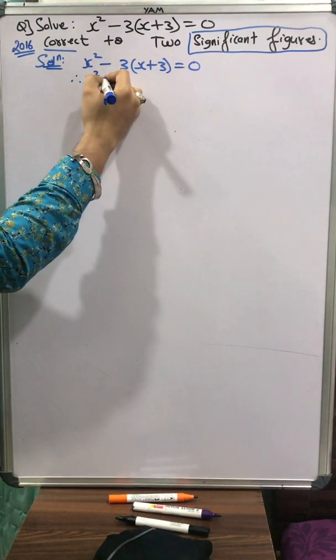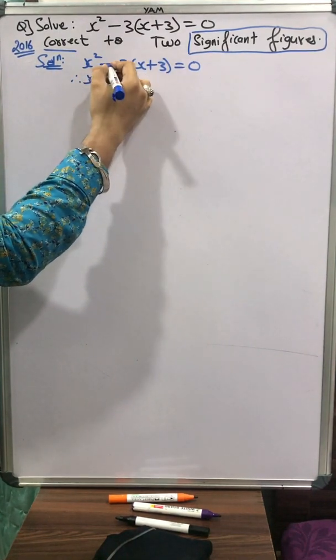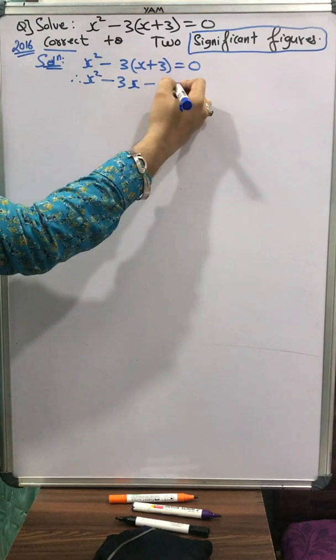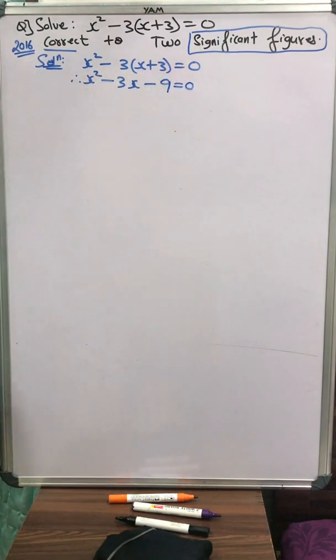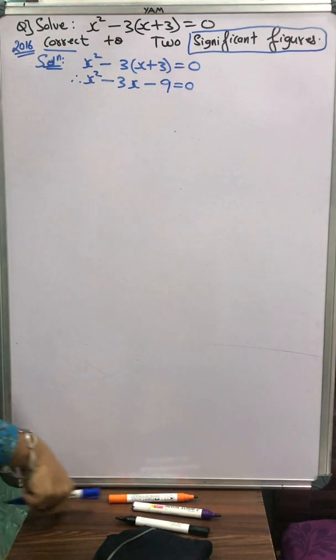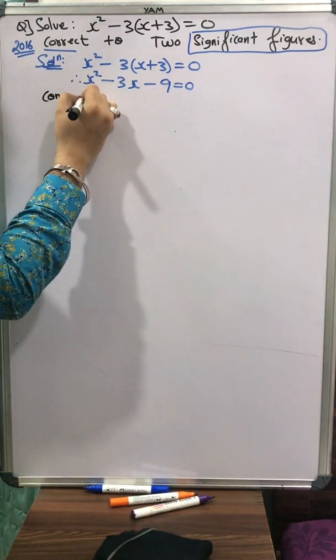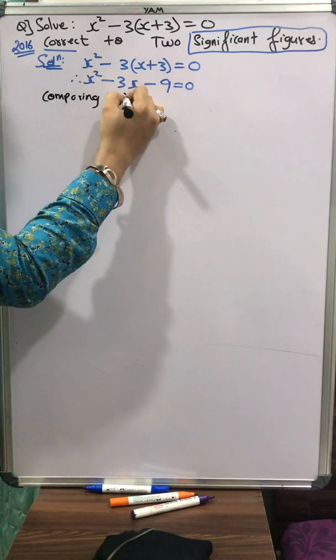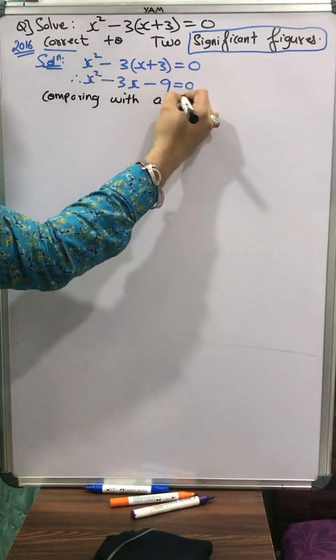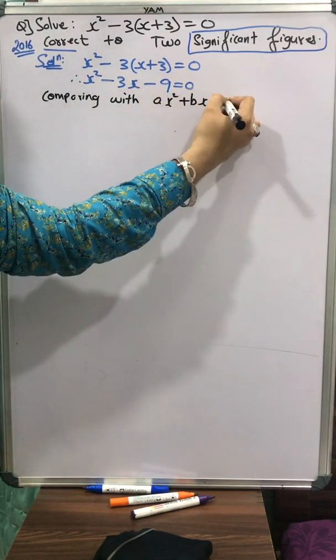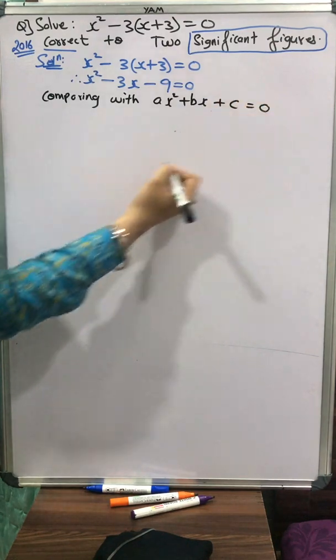Therefore, x square minus 3x minus 3 into plus 3 is minus 9 is equal to 0. Yes. Now it comes in the form of a quadratic. So now I'll write comparing with ax square plus bx plus c is equal to 0.